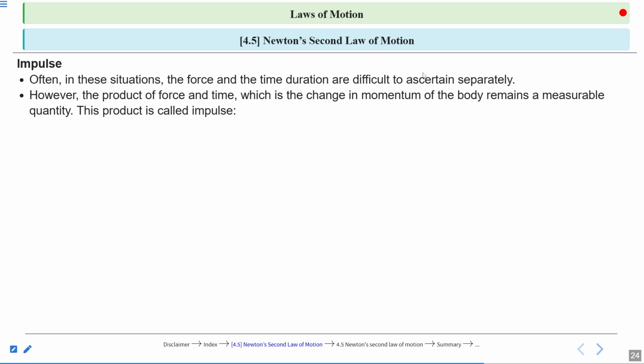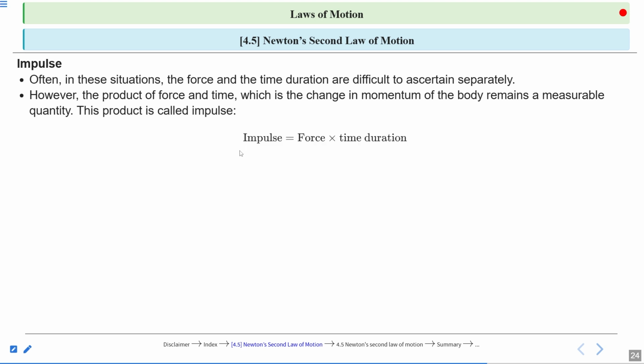However, the product of force and time, which is the change in momentum of the body, remains a measurable quantity. This product is called impulse. Clear? Product of force and time, known as impulse.